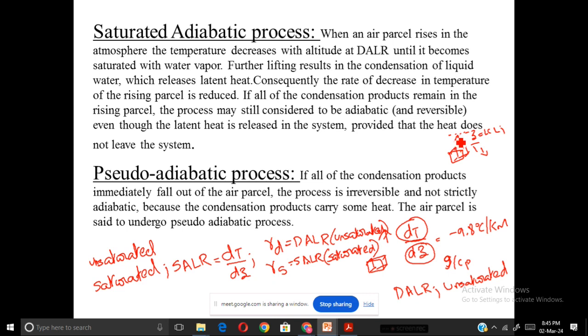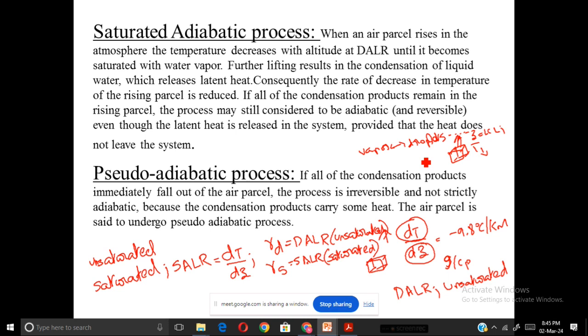And consider that all the condensation products remain. Condensation means water vapor molecules are getting converted into droplets. Suppose whatever condensation products are produced, let it be water droplets or ice particles, remain in the rising air parcel, that it is not precipitating.